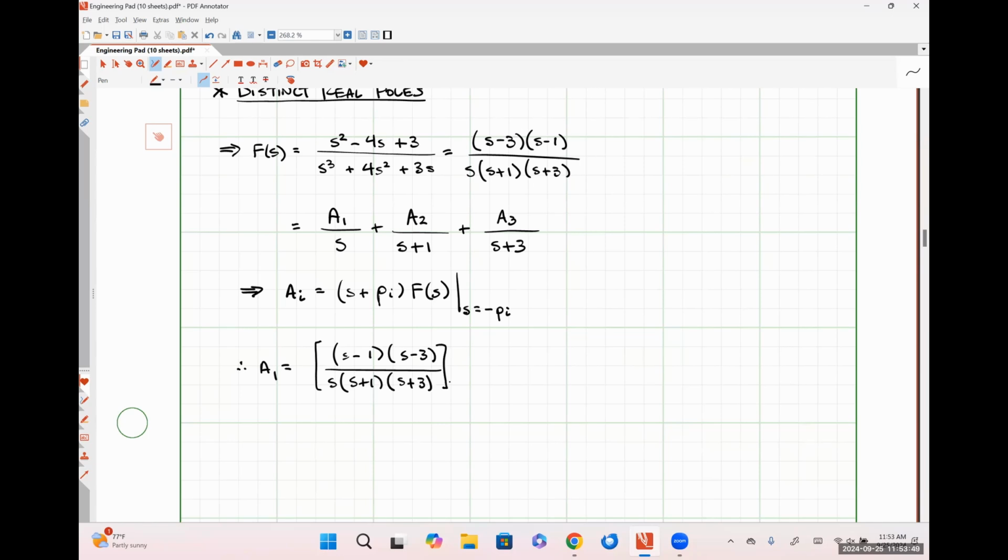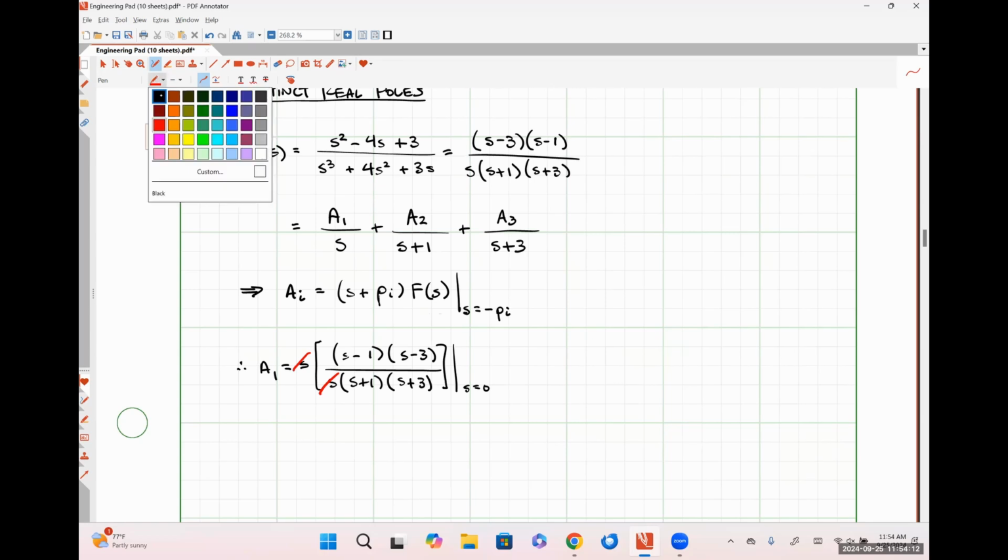There's my original function, so that's this bit right here. I'm going to multiply it by s plus my pole factor, which in this case is 0. And then I'm going to evaluate this thing at s is equal to 0. So notice this guy and this guy cancel each other out.